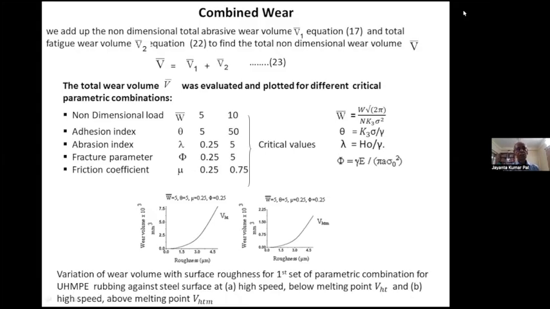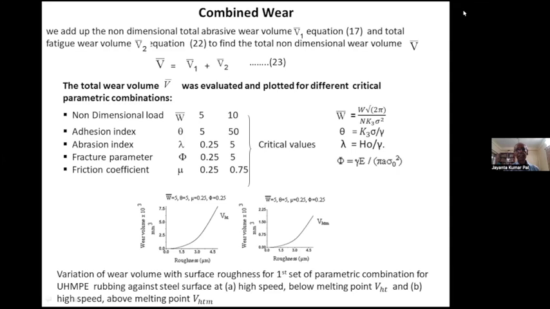Parameters are non-dimensional load, W bar, given by small w. Small w is the load on a single asperity, square root 2 pi divided by capital N, K3 sigma square.